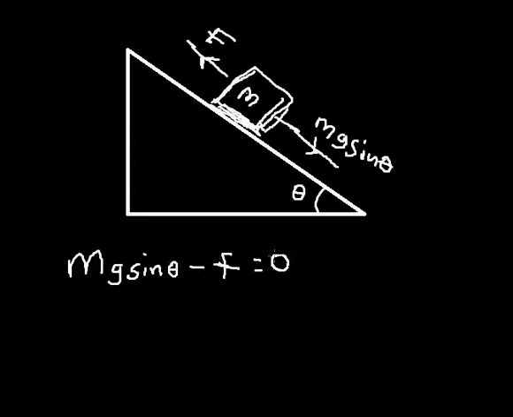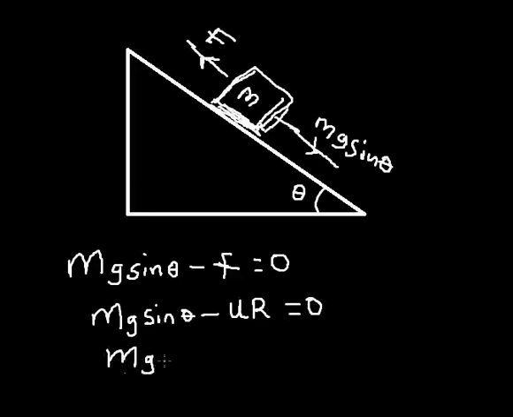Why? Because the net force is 0. So now we can get our coefficient. I have mg sin theta, then of course you know very well that the frictional force is mu times the normal reaction, equal to 0. So this is going to be mg sin theta.